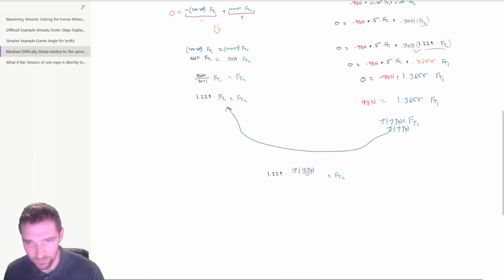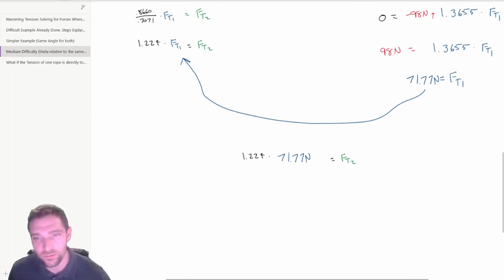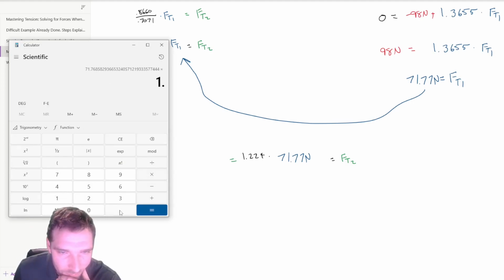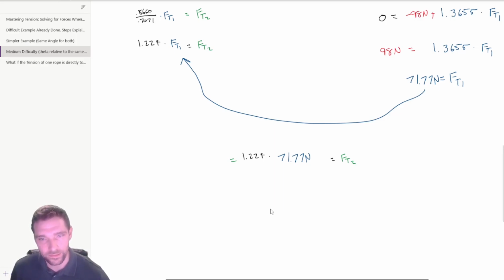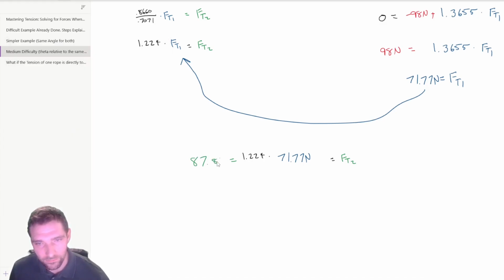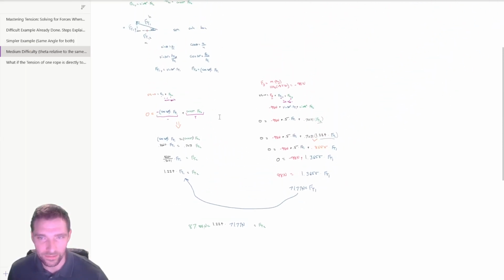So that is what the force of tension 1 is. So FT2 ends up being times that by 1.224, 87.84 newtons.